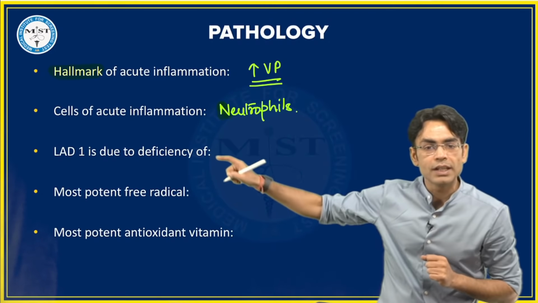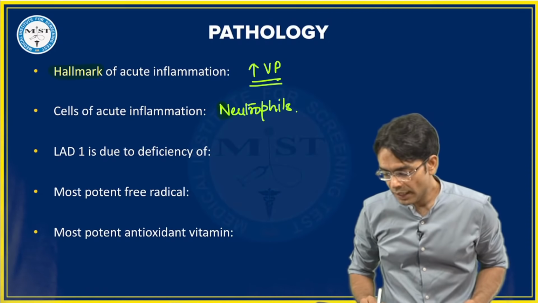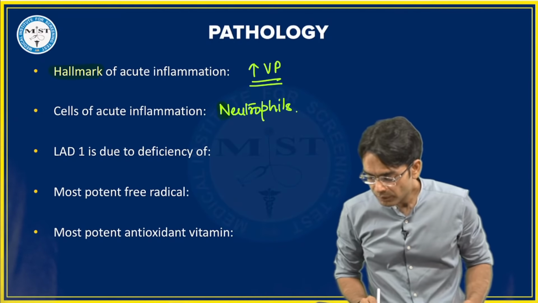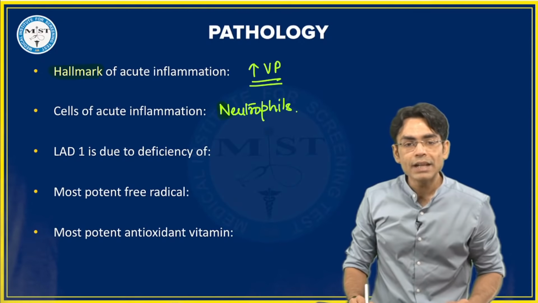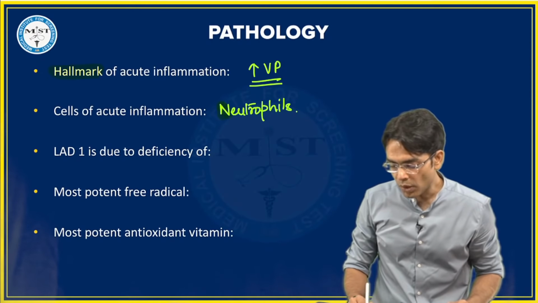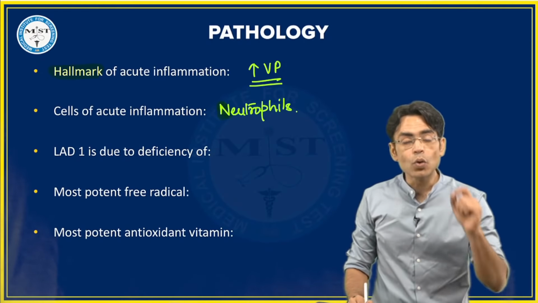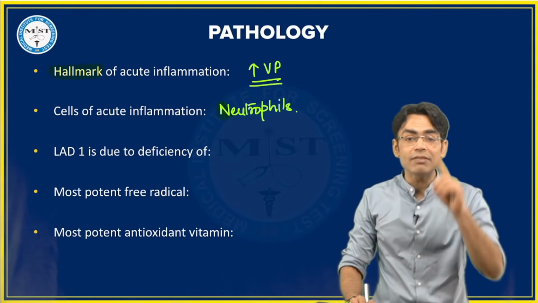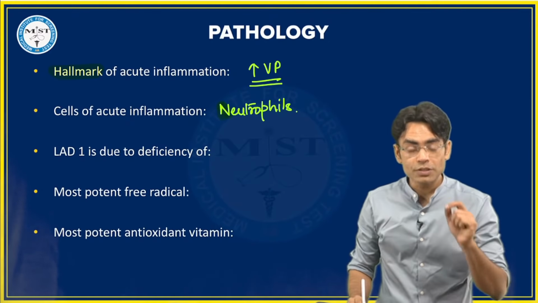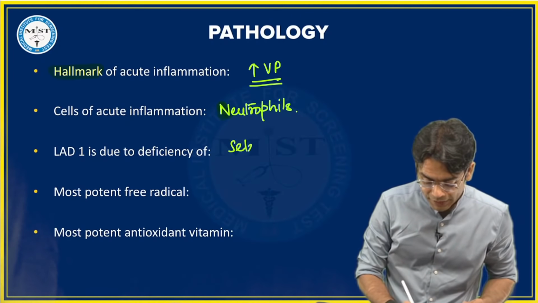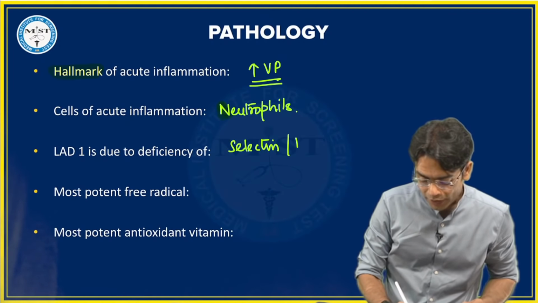Okay? Now tell me, LAD1 is due to deficiency of. What is LAD? LAD is leukocyte adhesion defect. So LAD1 is caused by deficiency of what? Your options in the exam would be selectin or integrin.